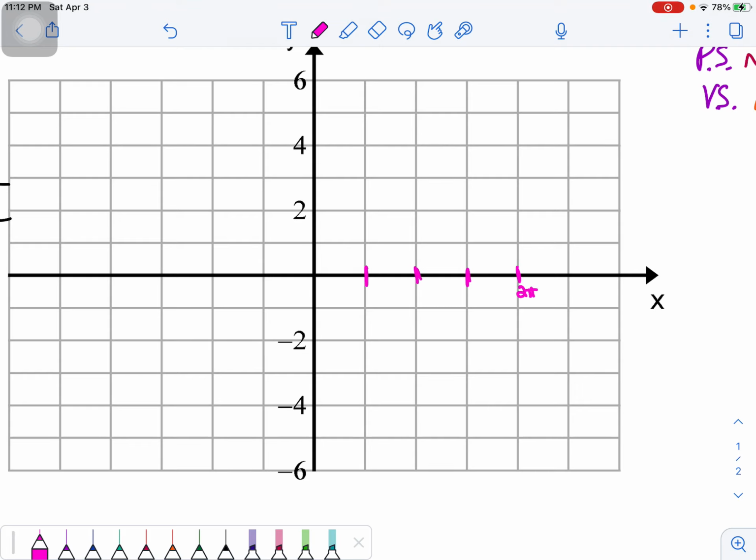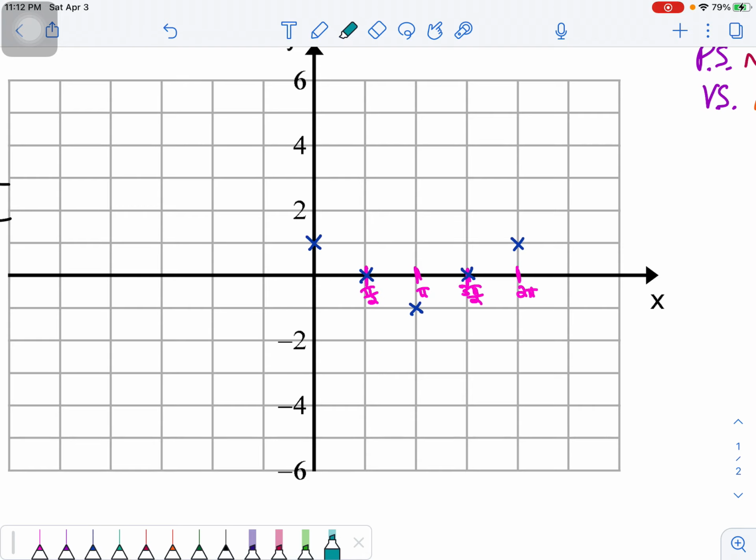Let me zoom in just a little bit. So 2 pi, pi, pi over 2, 3 pi over 2. Cosine starts off center high. So 1, midline, -1, midline, +1.